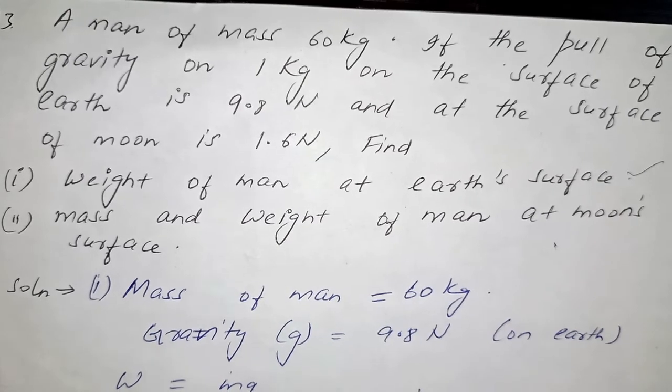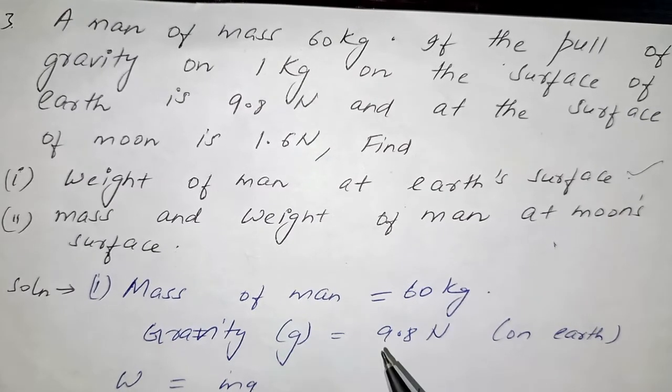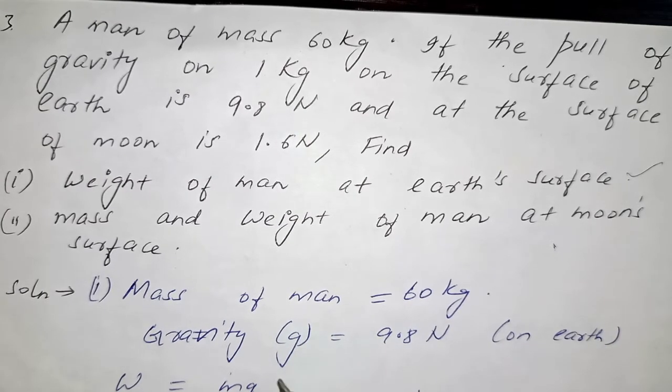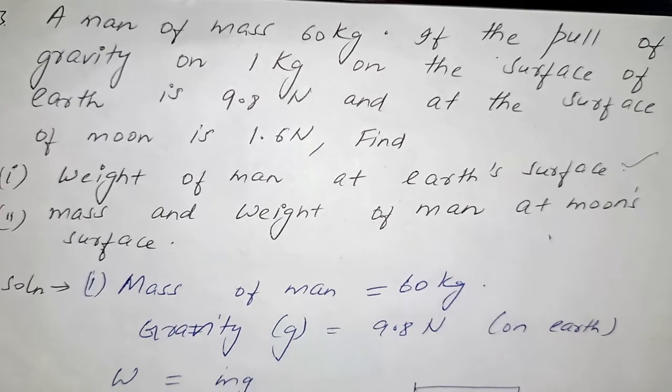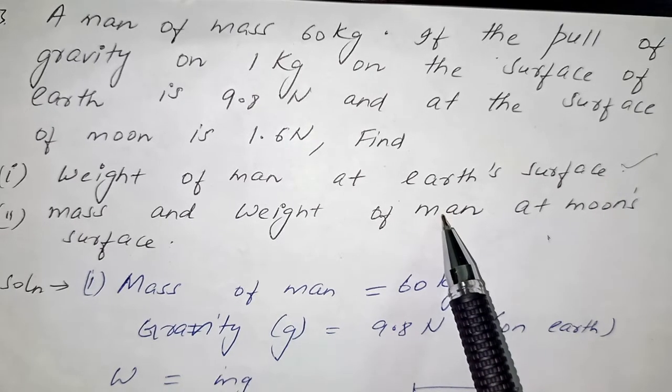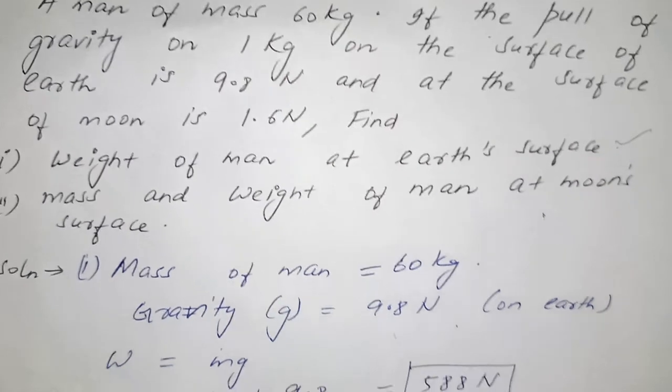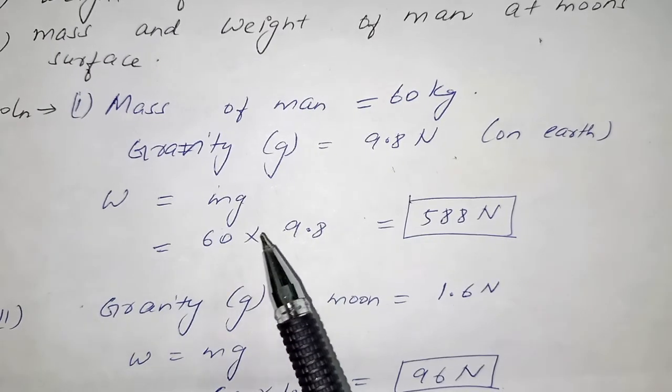Here the mass of the man is 60 kg. I have written all the details given in the question first. Gravity on earth is 9.8. What is the formula of weight? Weight is equal to mg.